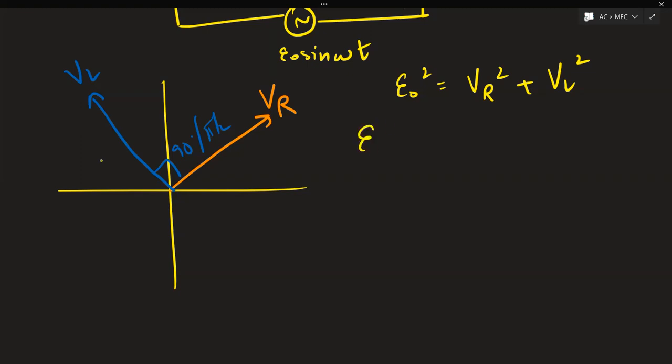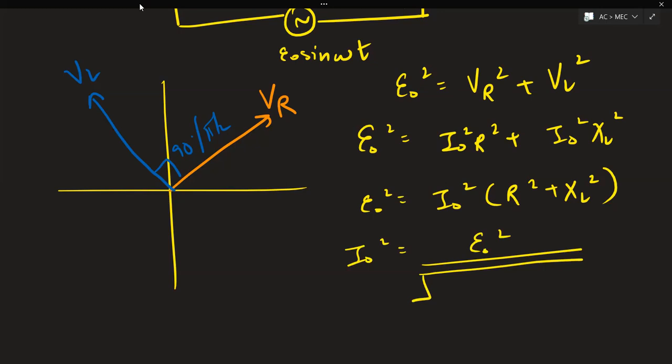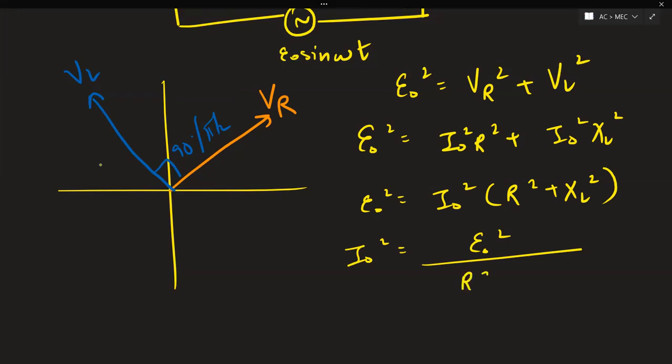Put in the values of VR and VL: I naught square R square plus I naught square XL square. From here, if you take I naught square common, you are left with R square plus XL whole square. So I naught square is equal to E naught square divided by R square plus XL square.